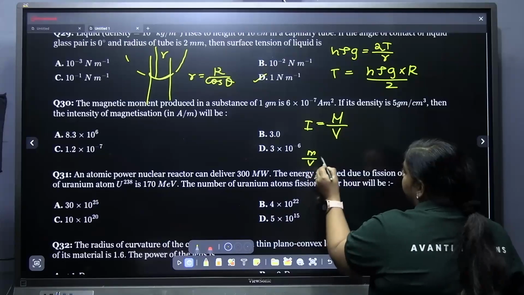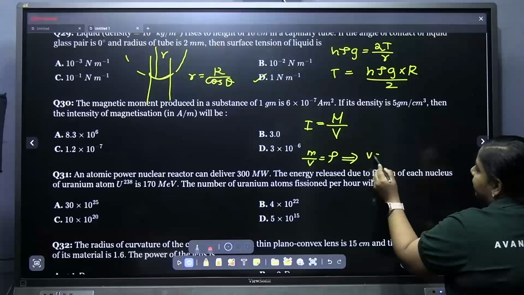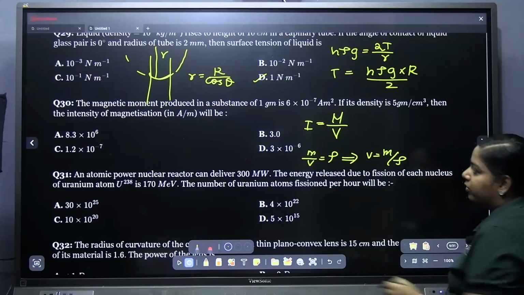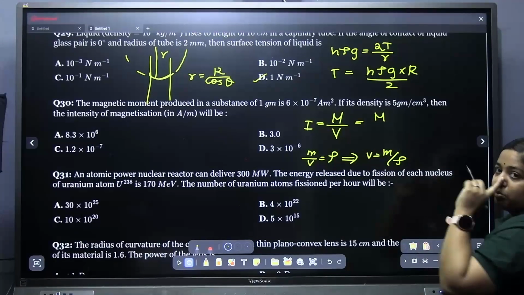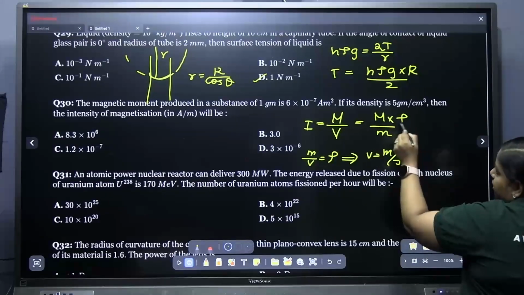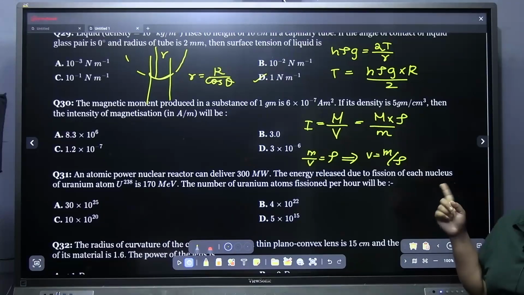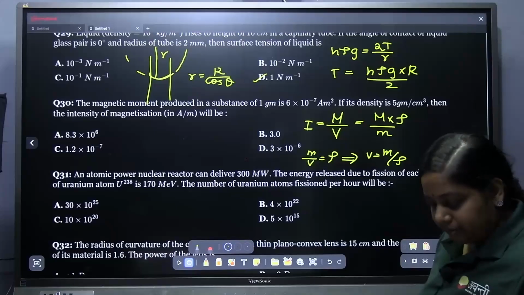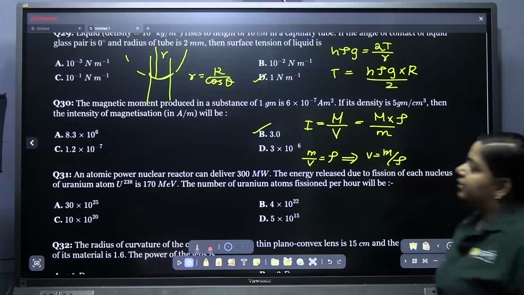Mass by volume equals density, which means volume equals mass by density. Substitute that, you will get magnetic moment divided by mass into rho. Convert everything to SI units, you will get the answer. Yes, option B, this is the answer.